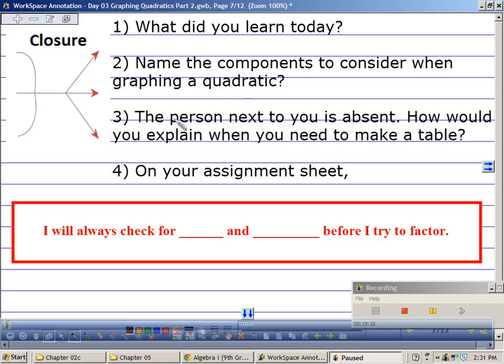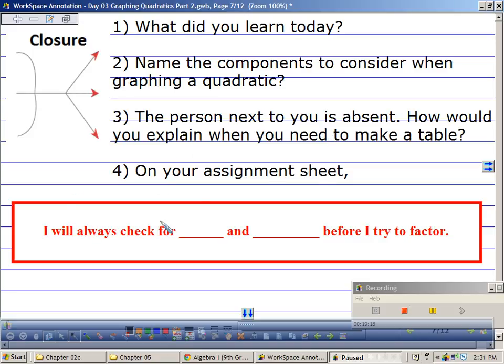The person next to you is absent. How would you explain when you need to make a table? When do you need to make a table? Josiah, can you tell me when you need to make a table? When you can't factor.